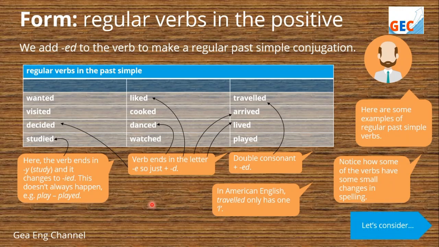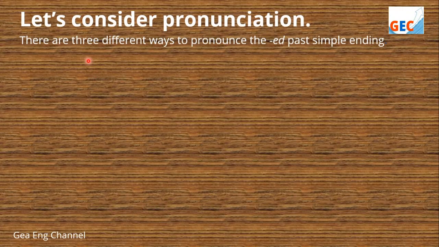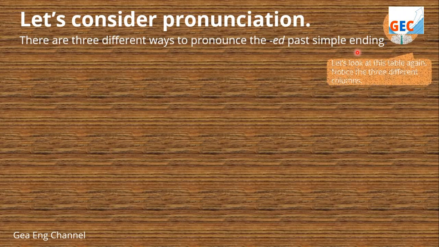Okay, now let's consider the pronunciation. There are three different ways to pronounce the ed past simple ending. Let's look at this table again and notice the three different columns.